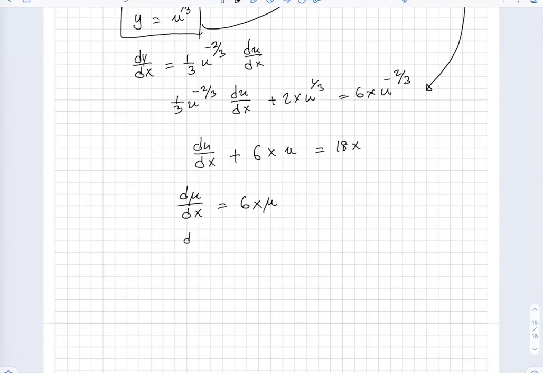Then this becomes a separable equation. Obviously, this first order differential equation is easy to solve, but if you don't know the solution, or you don't try to memorize, just work it out. So you separate the variables, d mu/mu equals 6x dx, and then integrate.